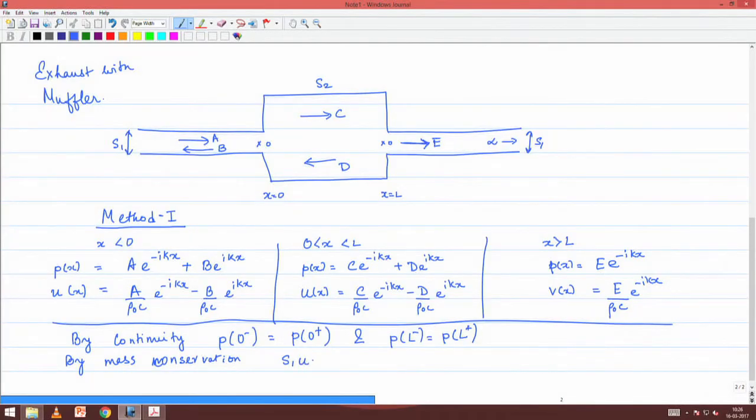So, what we require is S1 multiplied by u at 0 minus should be equal to S2 multiplied by u at 0 plus, and similarly we should have S2 multiplied by u computed at L minus should be equal to S1 multiplied by u computed at L plus, right.